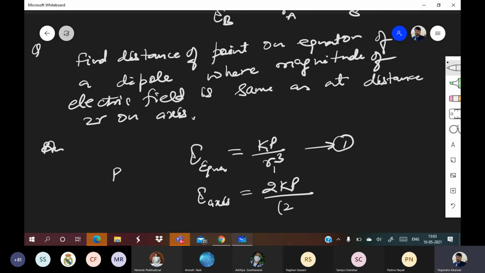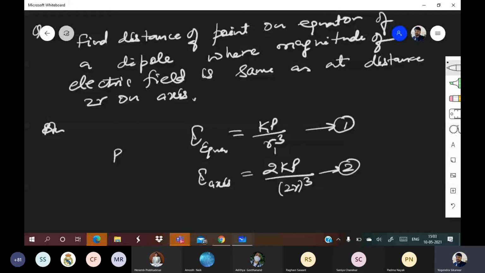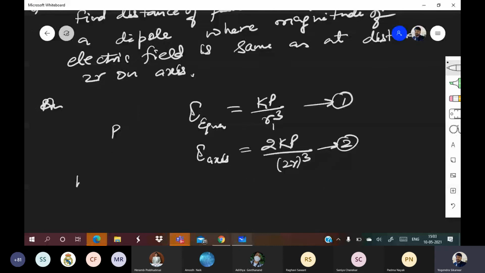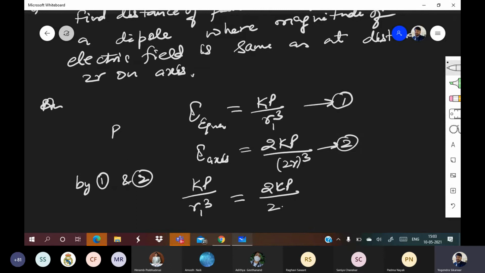Now these two values are equal. So by 1 and 2, Kp upon R1 cube is equal to 2Kp upon 2R cube. Now what we can do? We can cancel Kp.